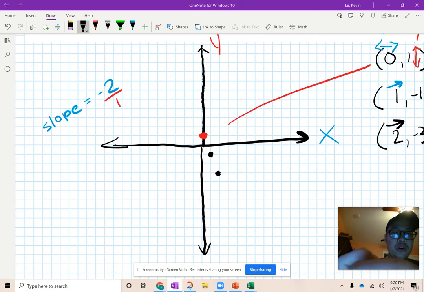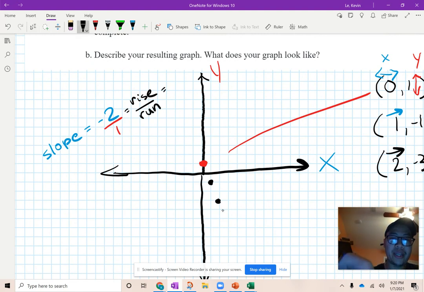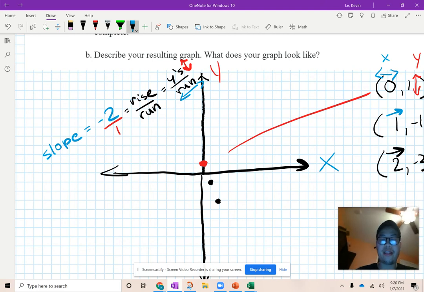And slope is always equal to rise over run. Another way I like to think of it is "wise" over run, because remember, up and down stands for the y's, and then run is the x, which is going left and right. So this is only for slope, okay?